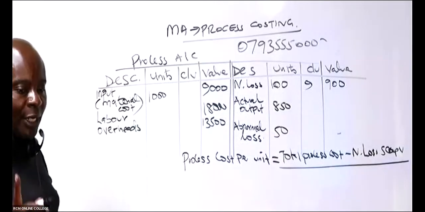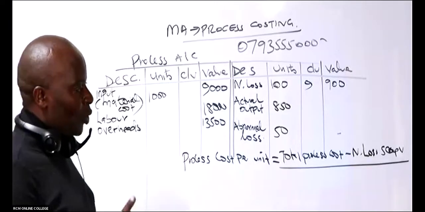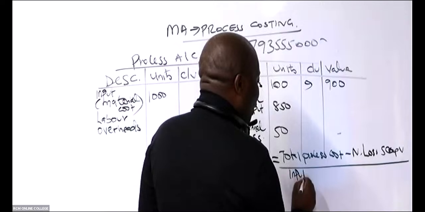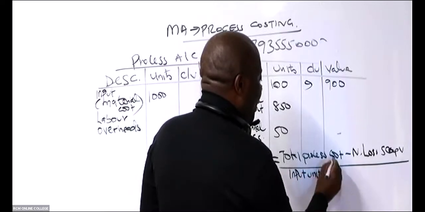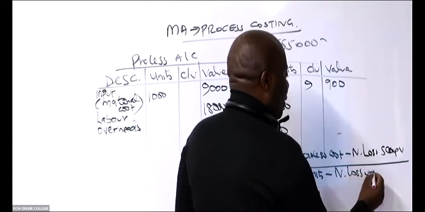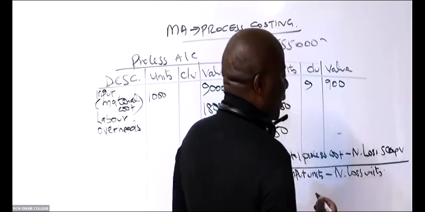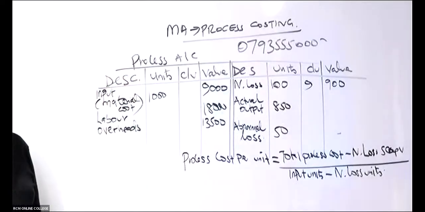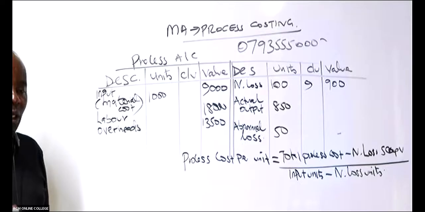I'm bringing in something new because now we are becoming professionals. This is the formula we shall be using consistently, especially now that we are going to what we call work in progress.